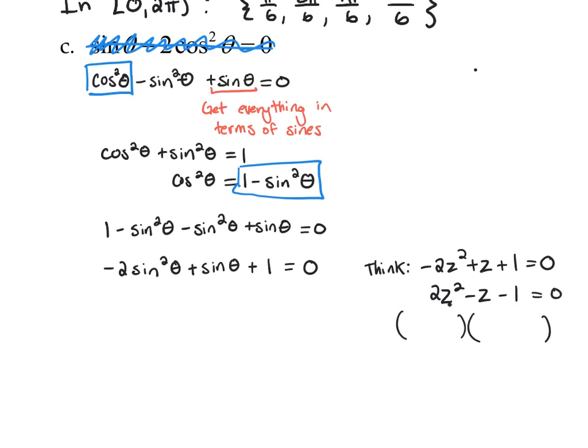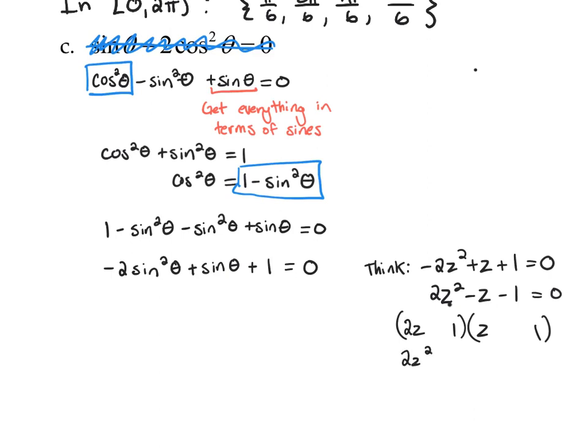And you can either use the AC method or guess and check. And I think guess and check is pretty efficient here because this leading coefficient is prime, as is the constant term. So the only possible way to factor, if it is in fact factorable, is to have a 2z and a z. And the only way to get a 1 at the end is a 1 and a 1. I'll figure out the signs by foiling it out.